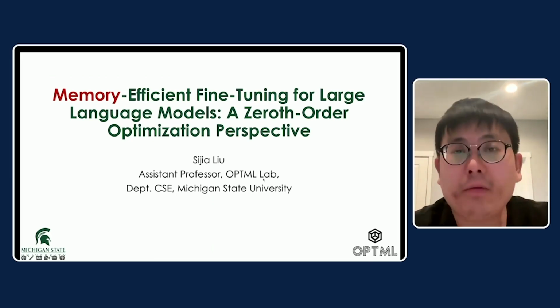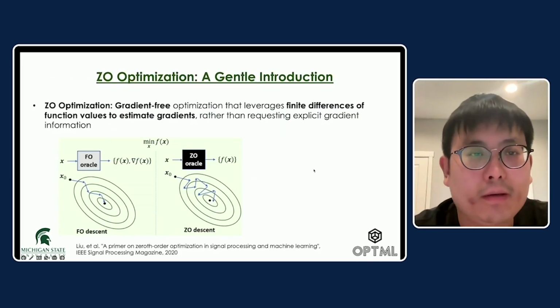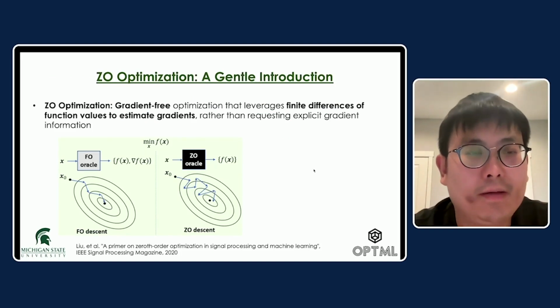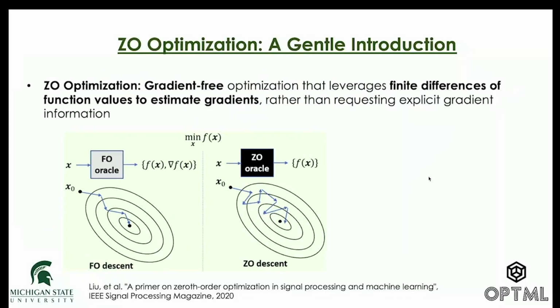I'll give a very quick introduction to this Zeroth-Order optimization technique before we integrate it into large language models. So as I said earlier, what is Zeroth-Order optimization? Basically, it's a gradient-free optimization technique. We estimate the first order gradient using the finite difference of the function values.